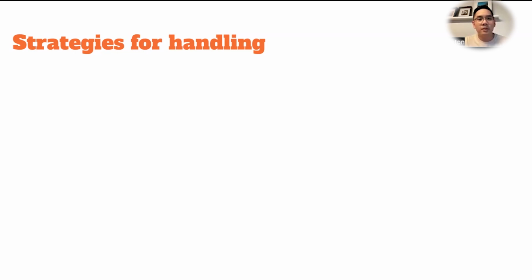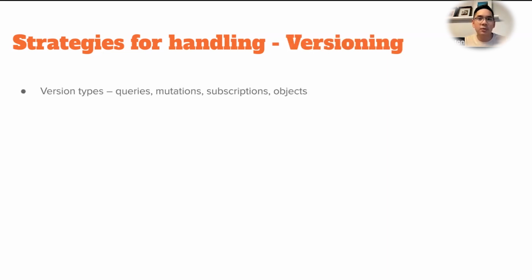So I'd love to talk about some strategies for handling this and mitigating some of that. The first approach is pretty basic. It's just applying versioning. You can version your GraphQL objects. If you have something like a Get User query, you could version that and give it a different name so that older clients can always reference the set of APIs they need.